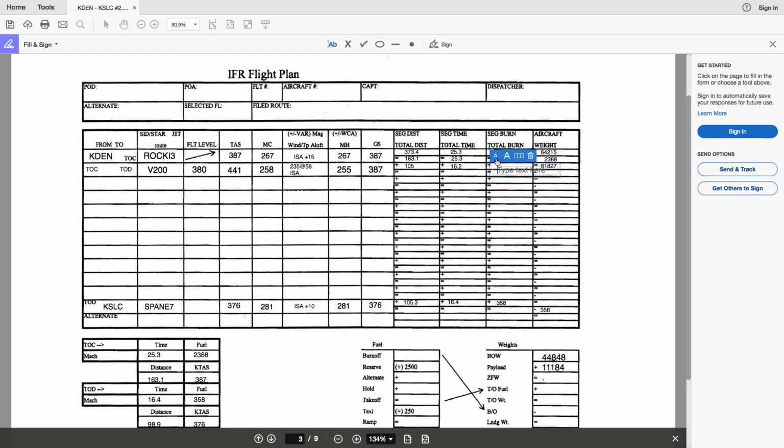And our segment burn. How do we figure out our segment burn? Pounds per hour. So 2912 times the percentage of an hour, divided by 60, equals. Let's just do this one real quick.